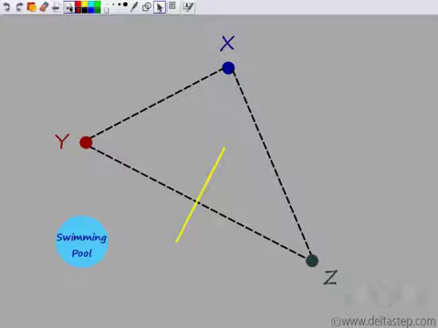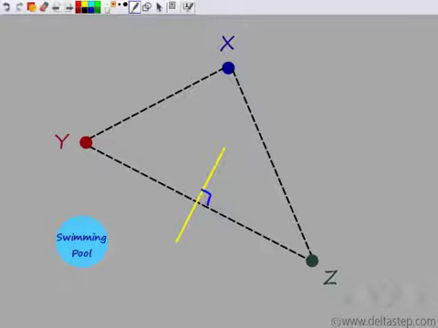I know that any point on this line, which is the perpendicular bisector of YZ, would give me equal distance from both Y and Z. So similarly, now I want to make the swimming pool such that it is equal from the communities Y and X also.